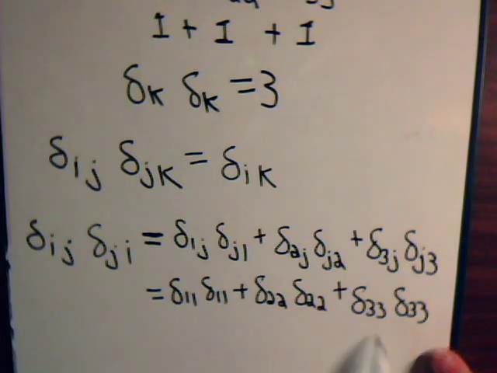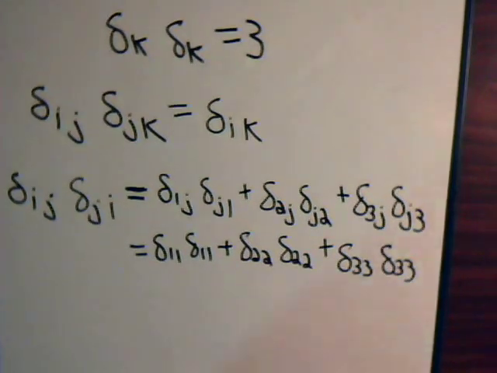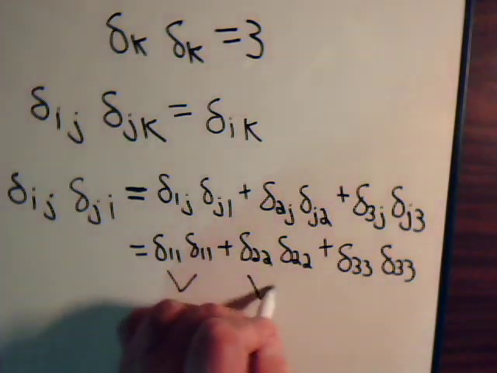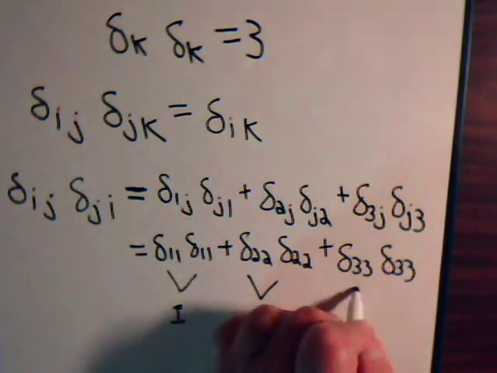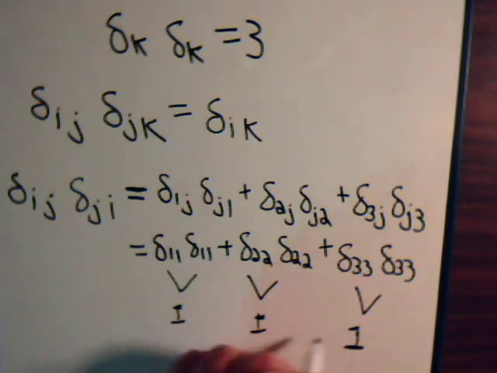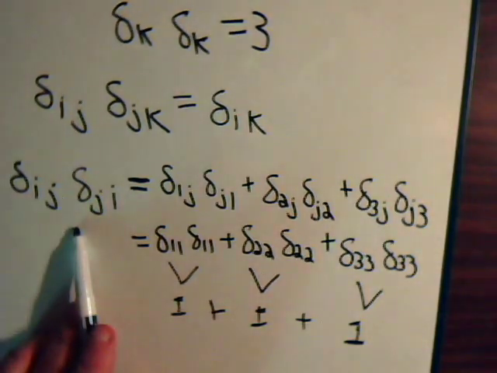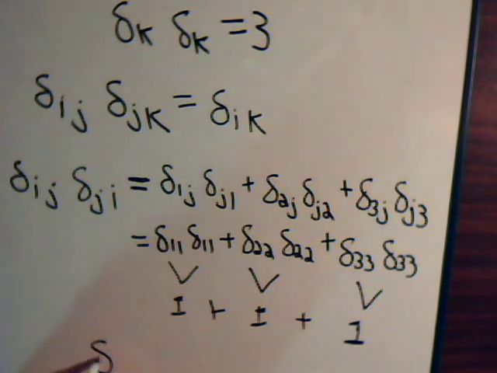And same thing here. And of course, this is 1, this is 1, this is 1. So this kind of an expression, delta ij delta ji, equals 3.